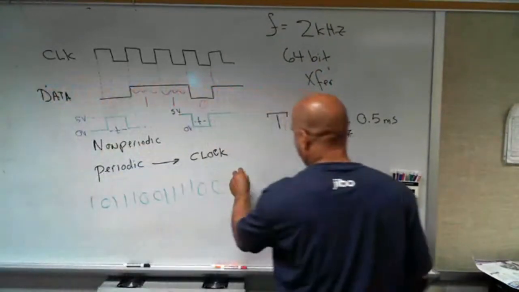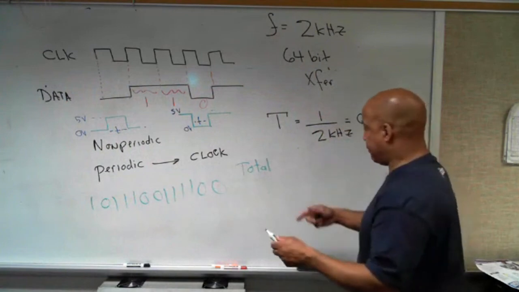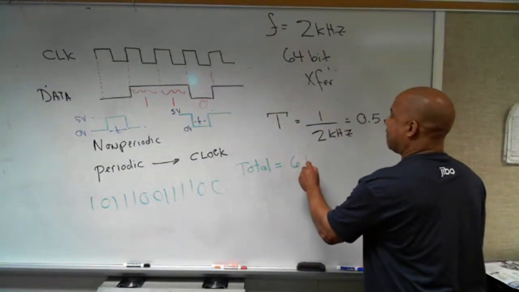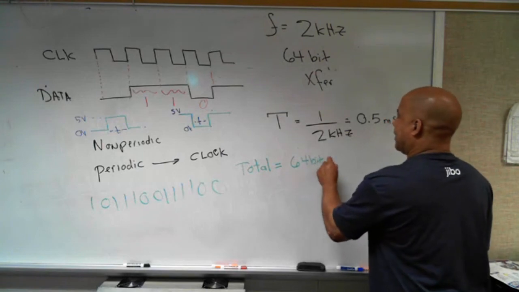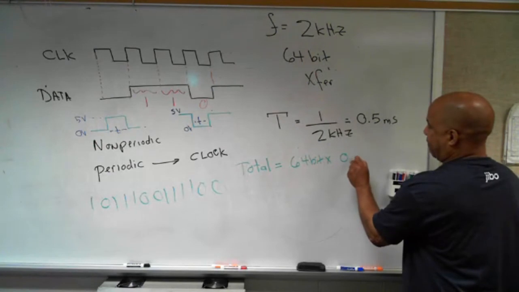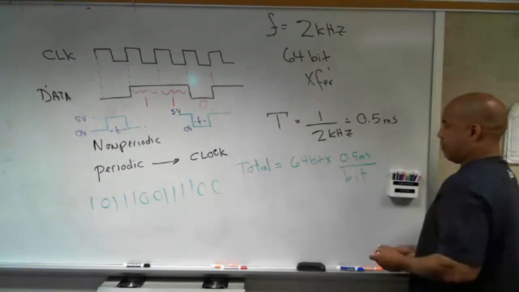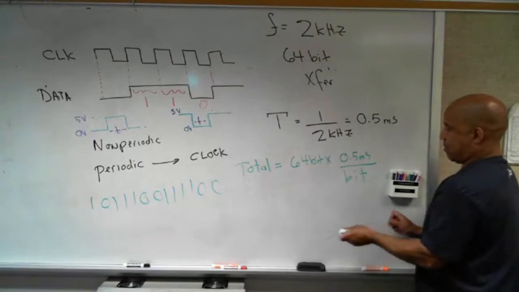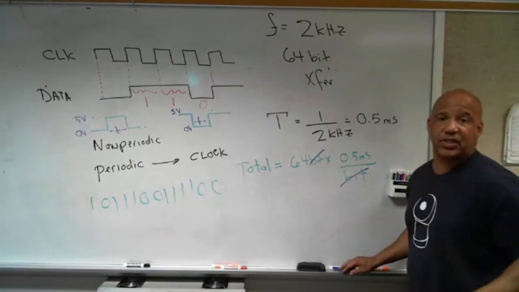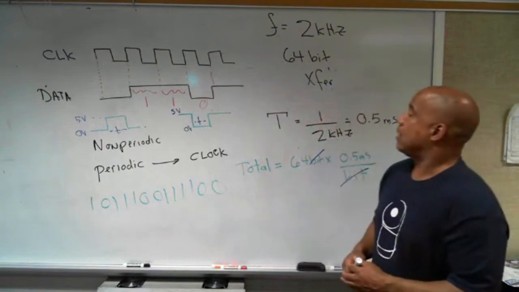So to find the total time in serial data transfer, I'm sending bit by bit, so I've got 64 bits times 0.5 milliseconds per bit. So it's going to take 32 milliseconds to send the whole thing if I send it serially.